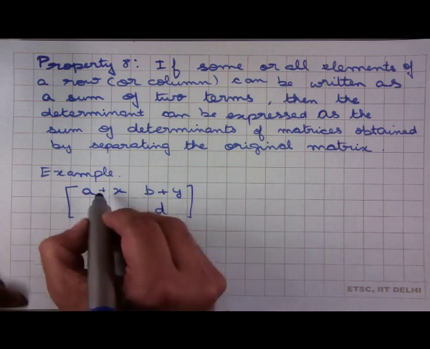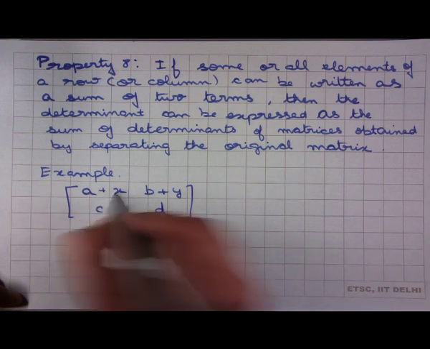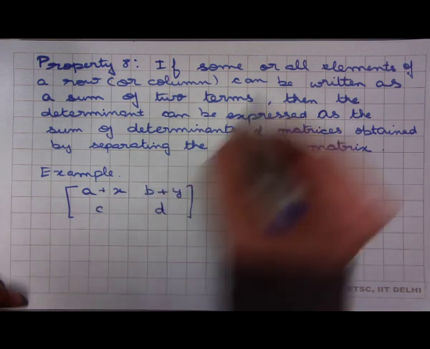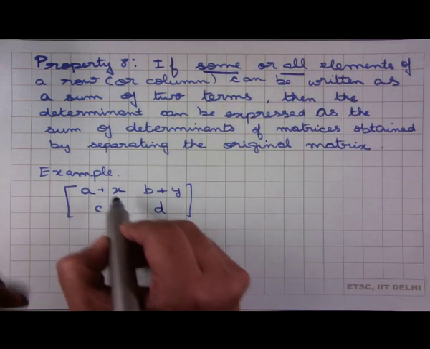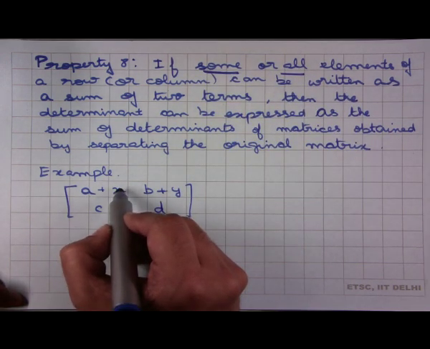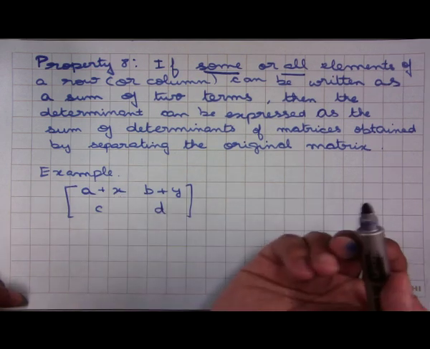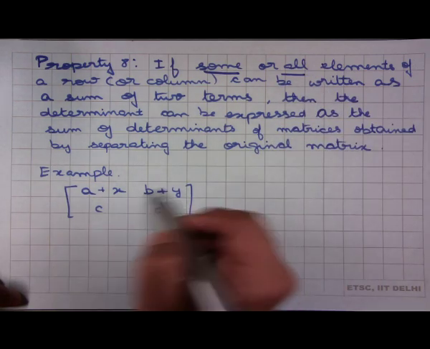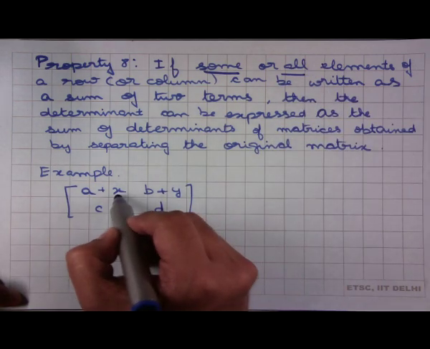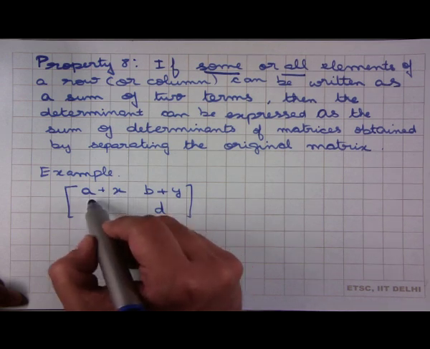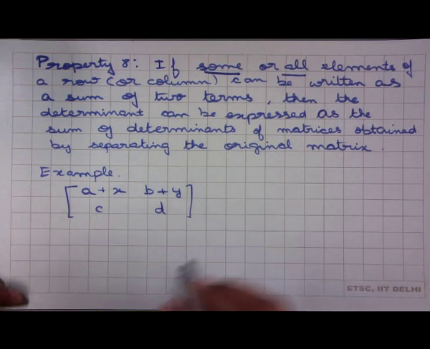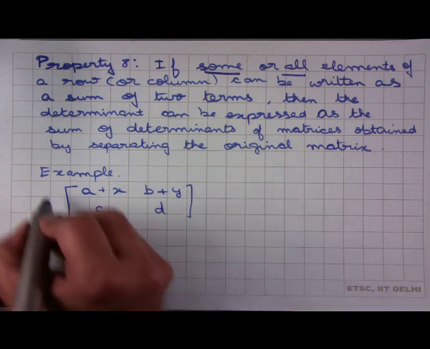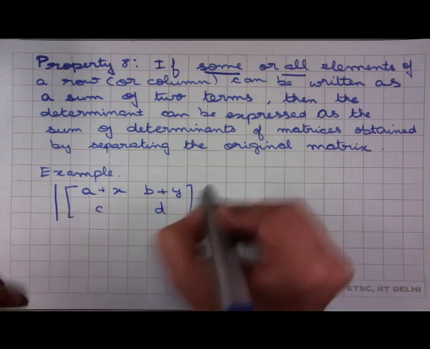I should point out that because it says sum or all, even if you can't write it as a sum, in some cases this x could be just 0. So, it is not that we need all of them to be written as a sum. The decomposition could be in terms of a plus 0, for example.